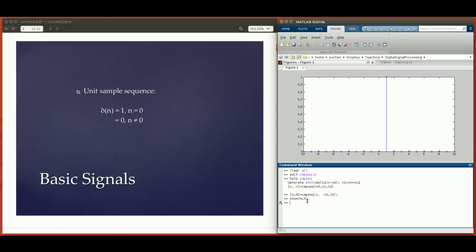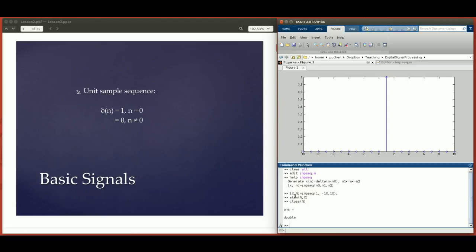Matlab has a function that allows you to check the type of some of the data. So now we have two vectors in our memory space. We can use the function called class to check the type. Let's look at the type of n. It's telling me it's double, which means that n is a vector of numerical values.